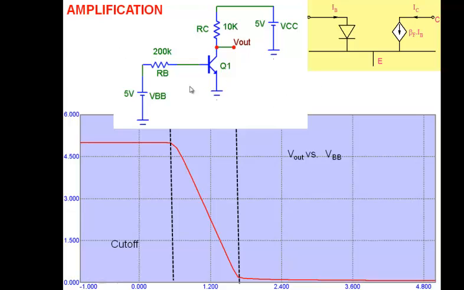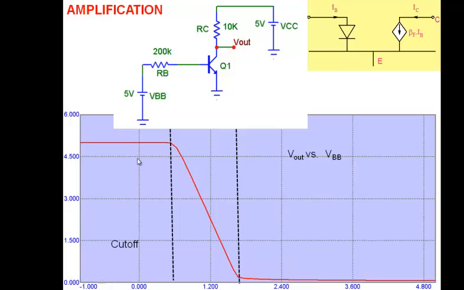So if I apply 0 volt here, the diode is off. If the diode is off, the current flowing into the base is 0. If 0 base current flows, the collector current is beta times IB, and IB is 0. Collector current is also 0. So if collector current is 0, the output voltage is 5 volts. So that's why you see it here.